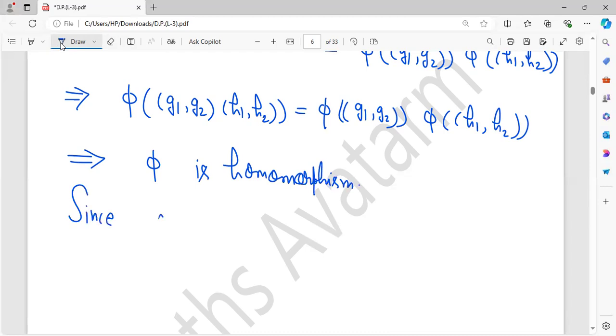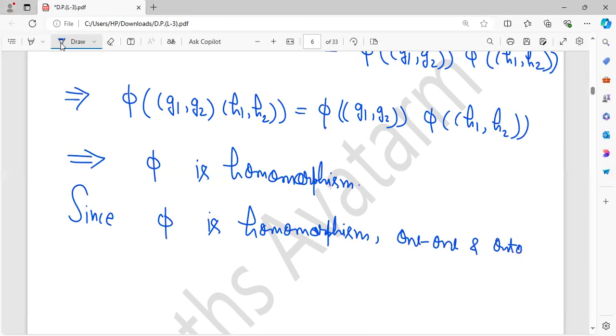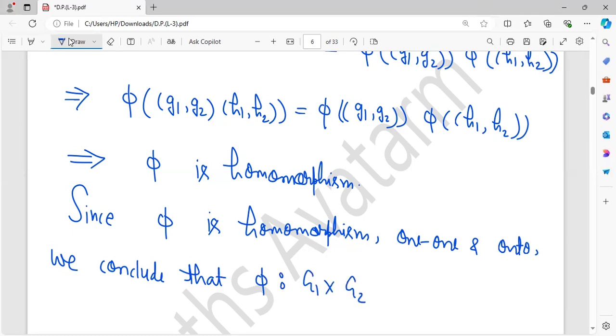Since phi is a homomorphism, one-one and onto, we conclude that phi from G1 × G2 to G2 × G1 is an isomorphism onto.